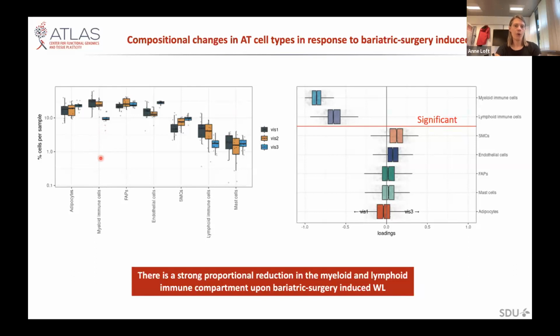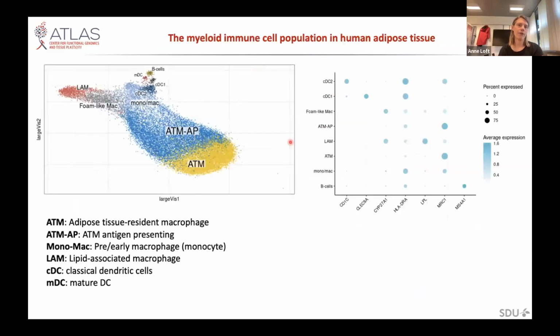So we wanted to explore this in further detail for the immune cell compartment, where we dug into the myeloid compartment that we subclustered and recovered different subpopulations of the myeloid cells. Here we identified the adipose tissue resident macrophages, which we further subdivided into more regular ATMs and antigen presenting ATMs based on their levels of certain antigens.